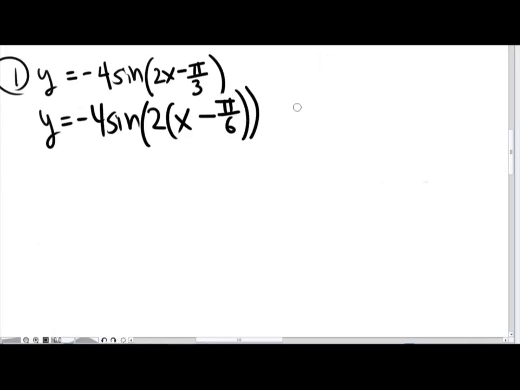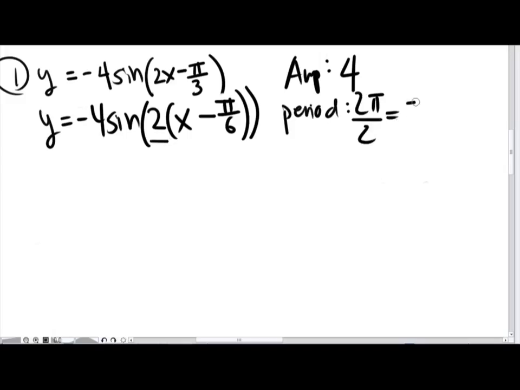So we're going to find the amplitude, which is right here, it's just 4, and the period is 2 pi over 2, which is just pi, and we have a shift to the right of pi over 6 units. And then we also have a horizontal reflection.